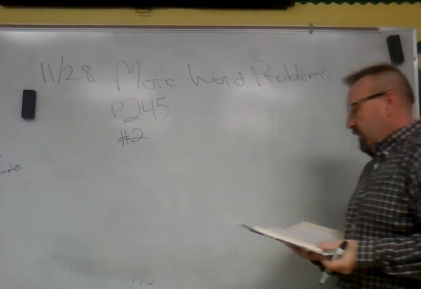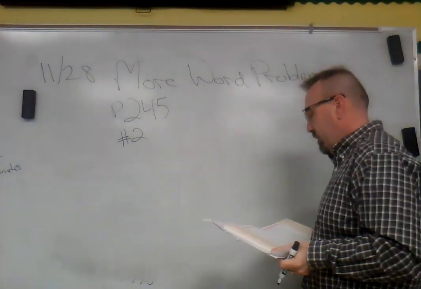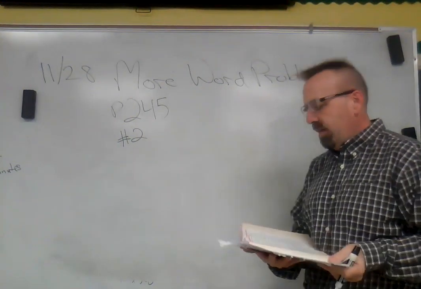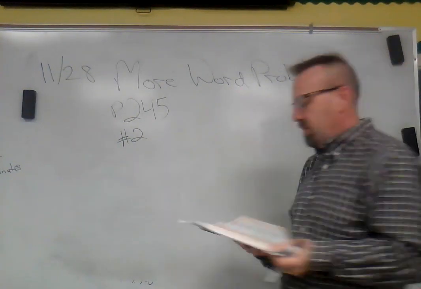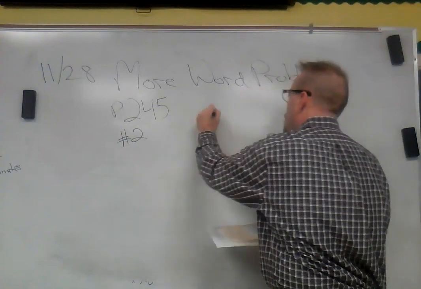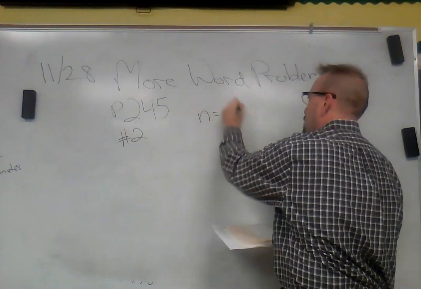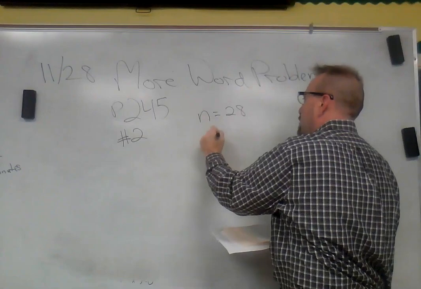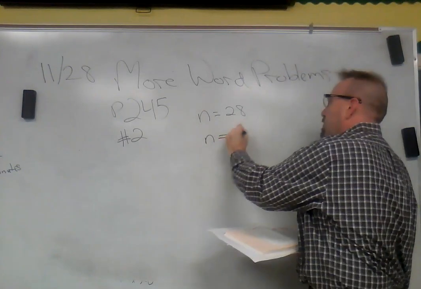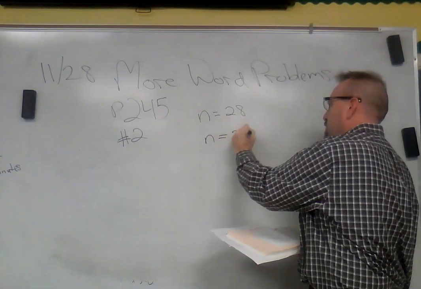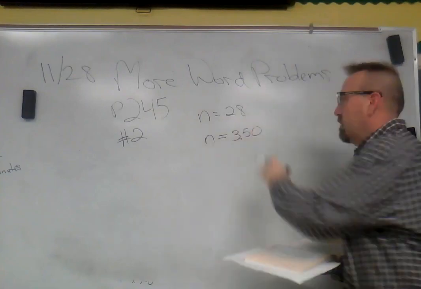It says the atomic number of nickel, which is 28, is 3.5 times the atomic number of oxygen. So we know nickel is 28. We also know that nickel, which means equals, 3.5 times oxygen.